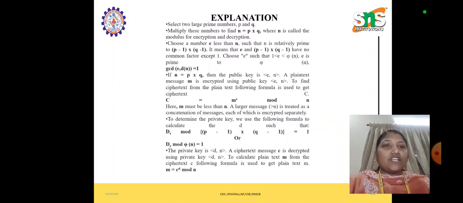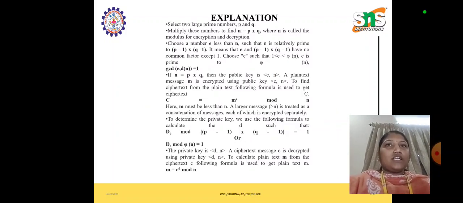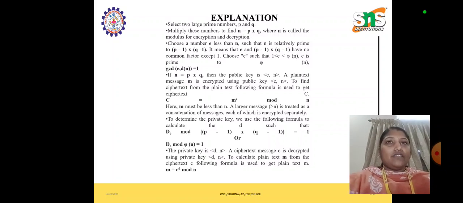For generating the public key and private key, we have to choose two large prime numbers. Here we are taking the prime numbers as P and Q. Next, we compute their product, where n is equal to P times Q, and the modulus n is used as a part of both public and private keys.